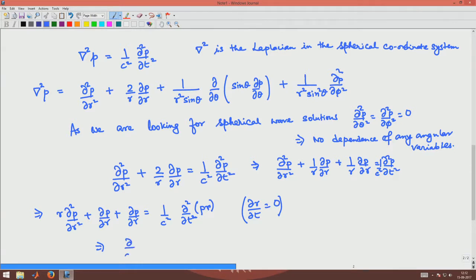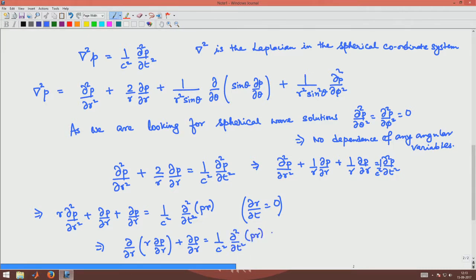We can write it as ∂/∂r of (r ∂p/∂r), because when you differentiate it, it is going to give the first term as r ∂²p/∂r², and ∂r/∂r is just 1. So, this is the second term arising out of it, plus ∂p/∂r again is equal to (1/c²) ∂²/∂t² of (pr).